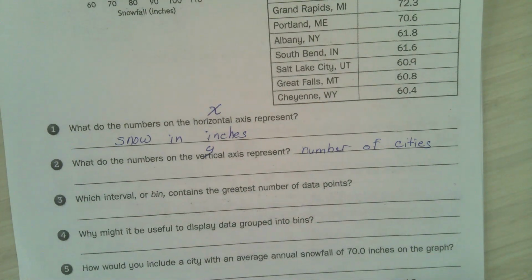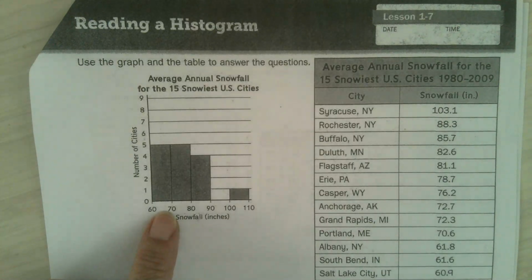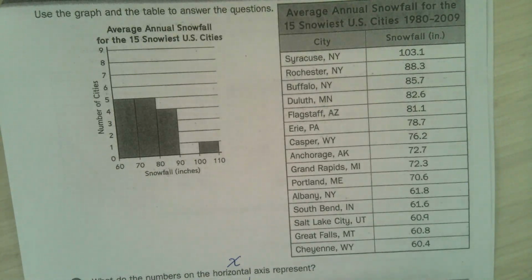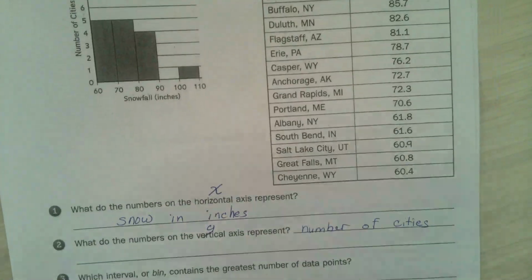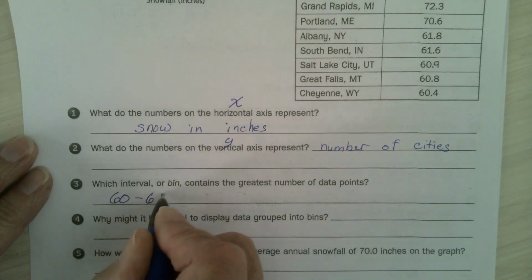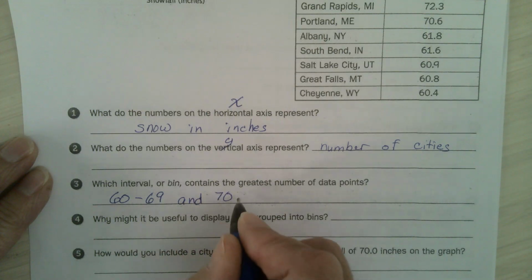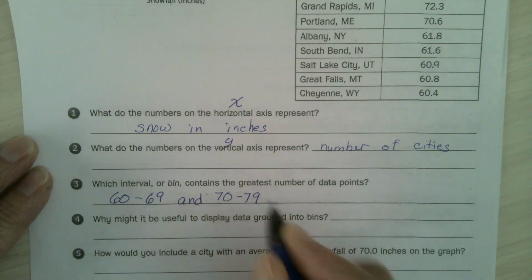Okay, number 3. Which interval or bin contains the greatest number of data points? Which one of those has the highest bar? Yes. 60 through 69 and 70 to 79. There are 2 of them. So we'll do 60 to 69, and there are 2 of them that are the same. 70 to 79.